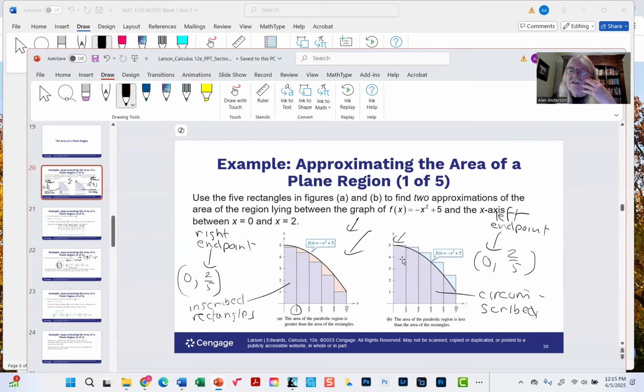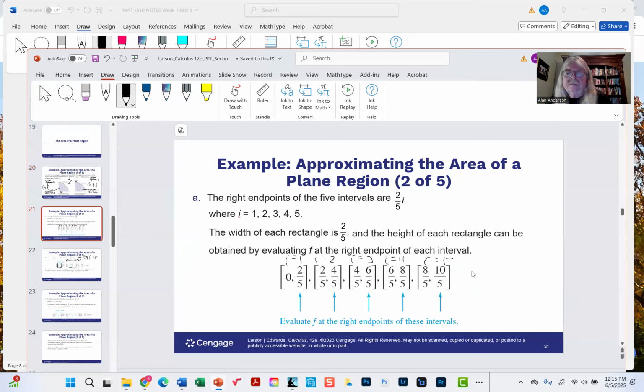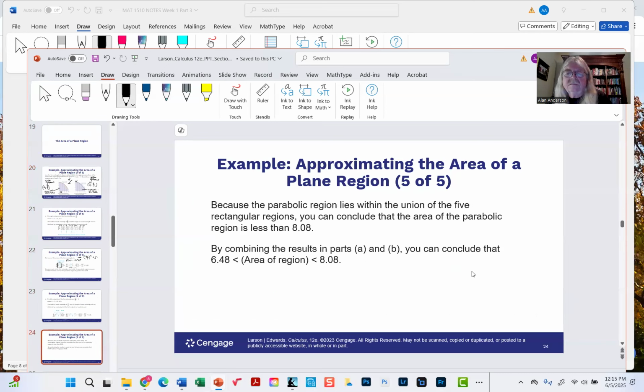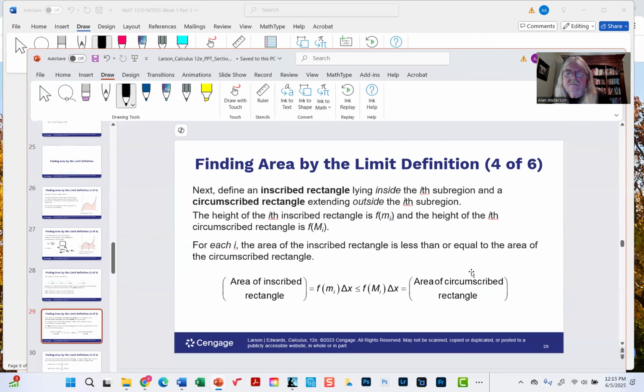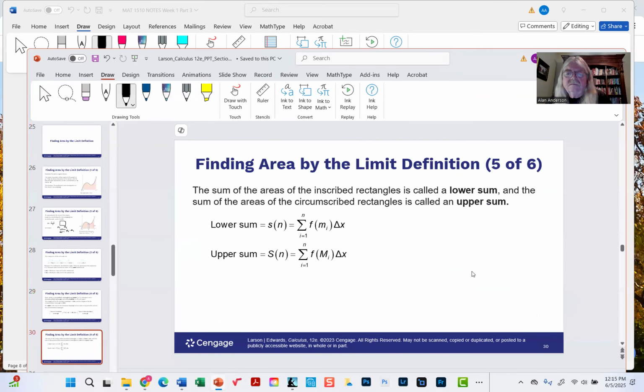The word inscribed can mean a lot of things. So I guess in this specific case, inscribed means all the rectangles are completely contained within the curve. On the right-hand side, it's the other way around. So the one on the left is called a lower sum.